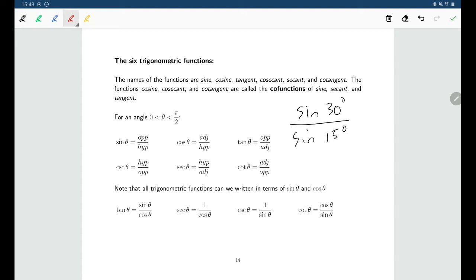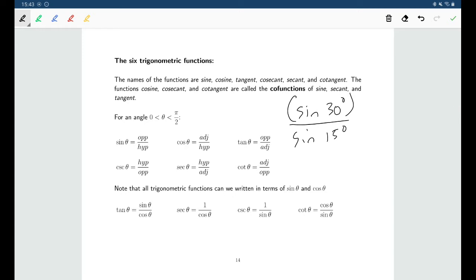People might feel like maybe we should be able to cancel the 30 and the 15, and of course that's wrong. Or perhaps maybe we should be able to cancel the sines and we're left with just 30 over 15. And again, that's wrong for exactly the same reason. The sine is the name of the function and the 30 degrees is the input, so that's really one entity on its own. Same thing with the sine of 15.